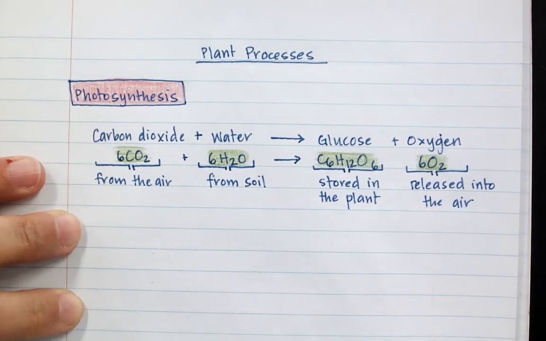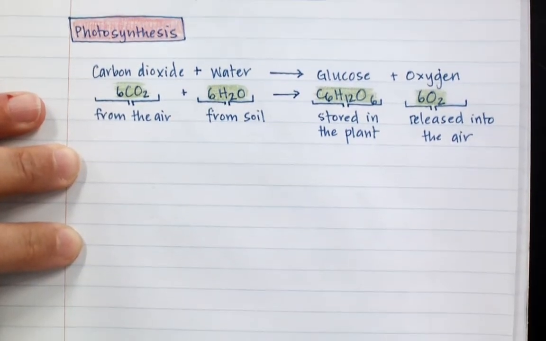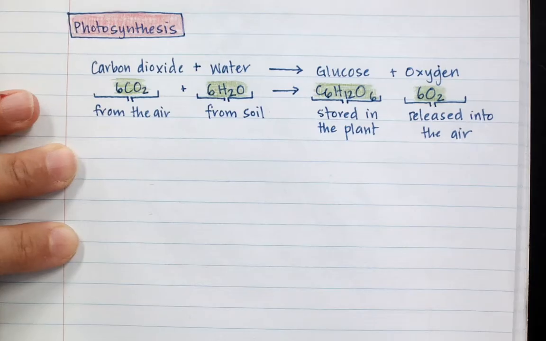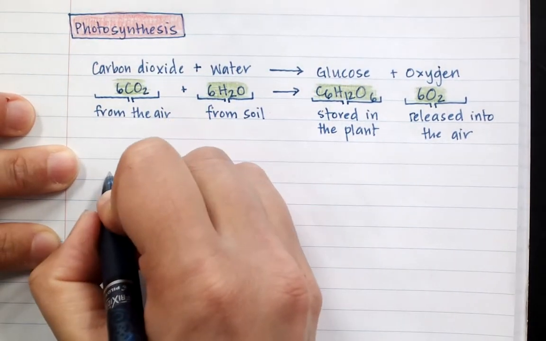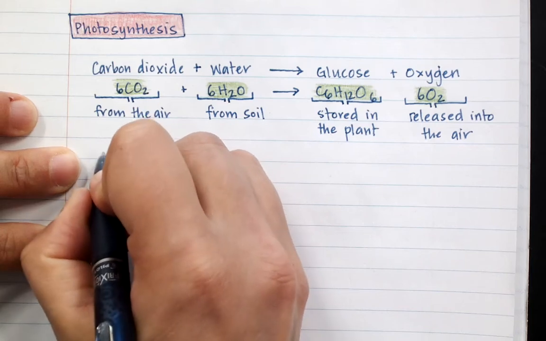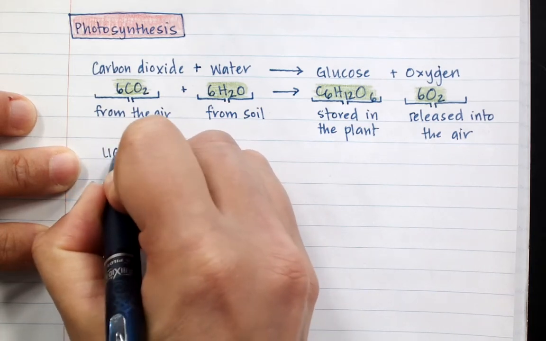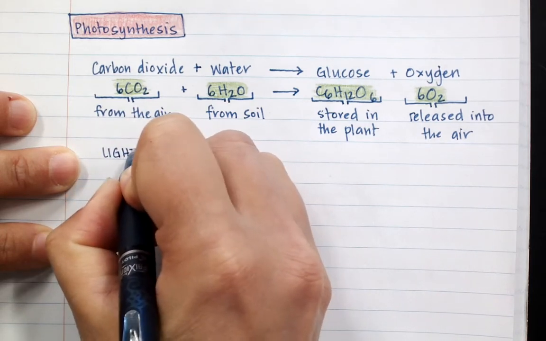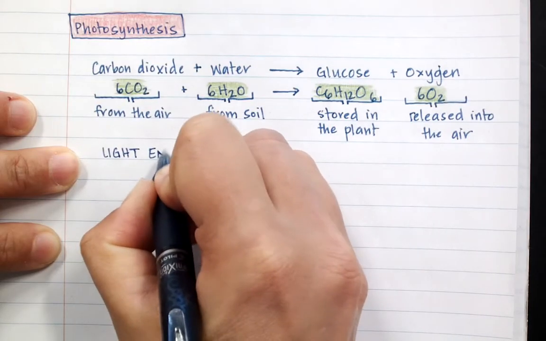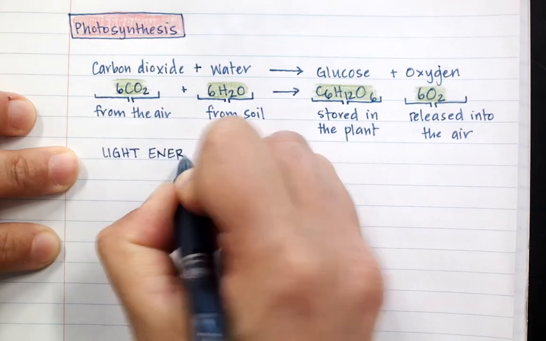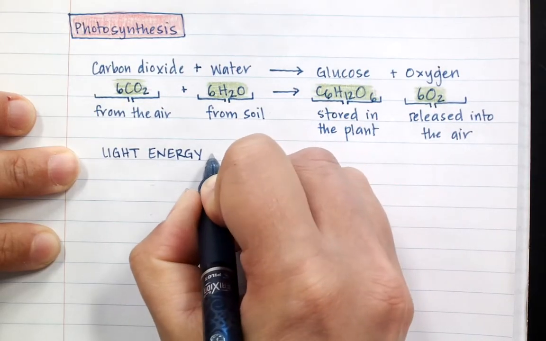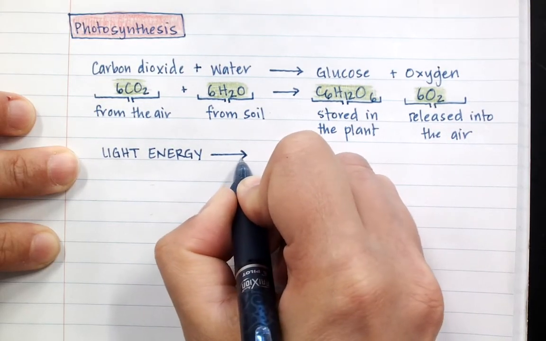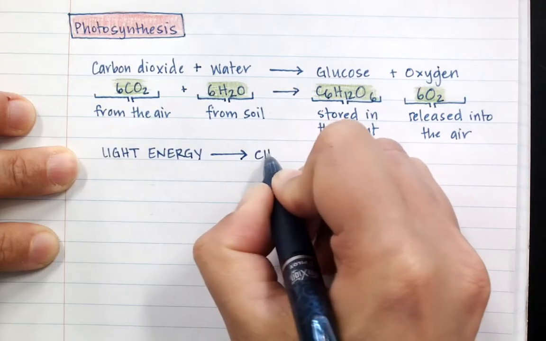All right, we also have a chemical equation for this, and the chemical equation for this is that we have light energy, and that light energy is being converted into chemical energy.